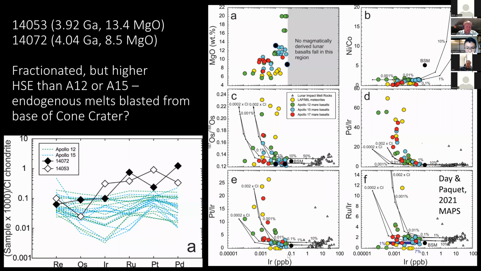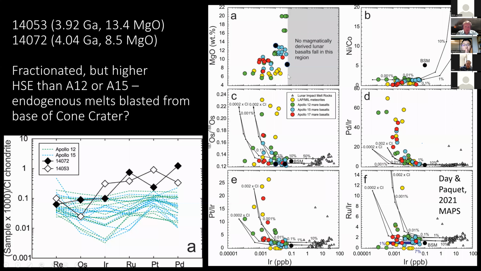Now, I'm just going to focus on the regolith contamination because Johnny, you're far better equipped to tell me about his experiments. But one of the key features that we observe in these Mare basalts, so this is showing you all the data for Mare basalts, is that first off, they have very restricted iridium contents.